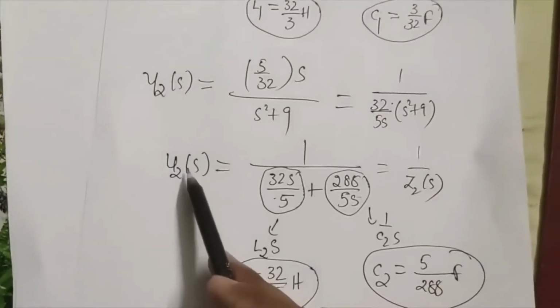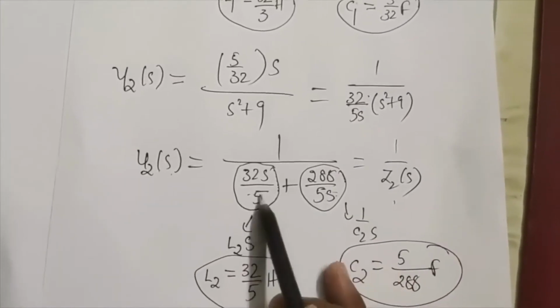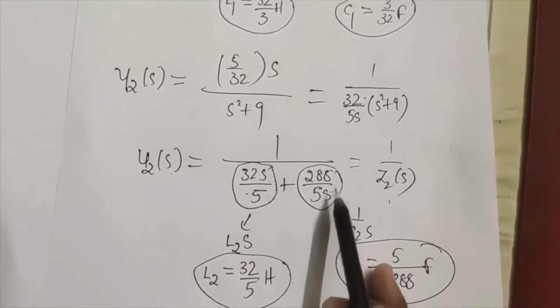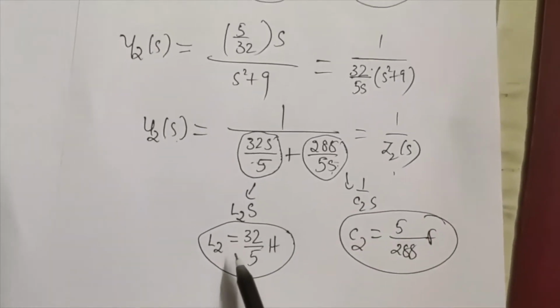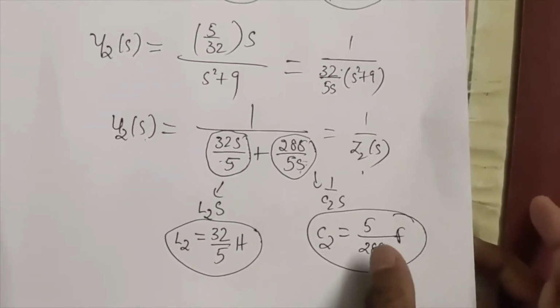Similarly, instead of Y2, Y2 also we have written as 1 by Z. So it means that these two are in series since impedances are being added. So the L value is 32 by 5, capacitor value is 5 by 288.